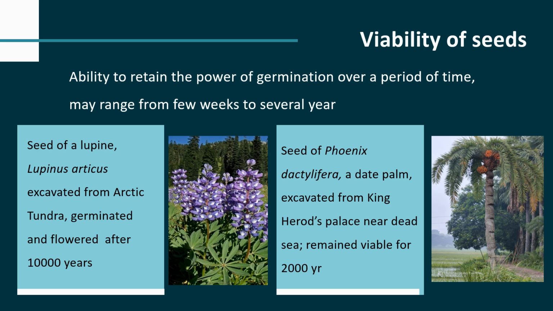The seeds of lupine, scientifically Lupinus arcticus, were excavated from the Arctic tundra and germinated after 10,000 years. Similarly, the seed of Phoenix dactylifera, which is a date palm, was excavated from King Herod's palace near the Dead Sea, and it remained viable for around 2,000 years.